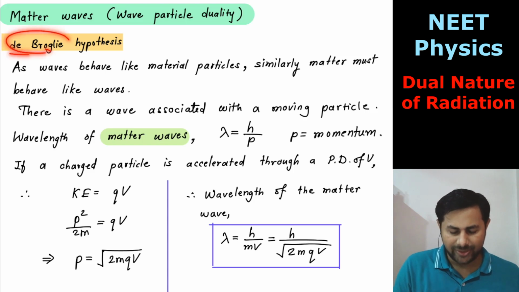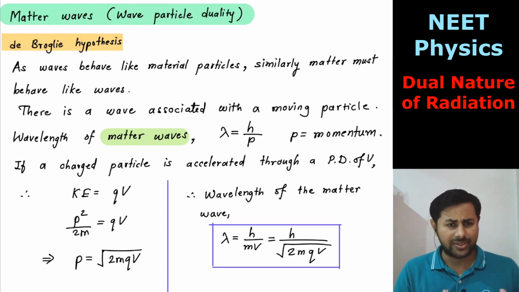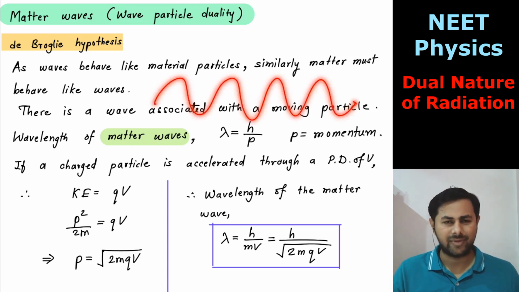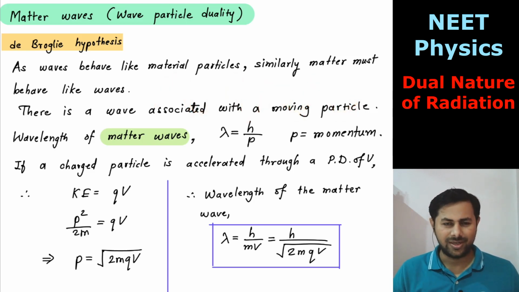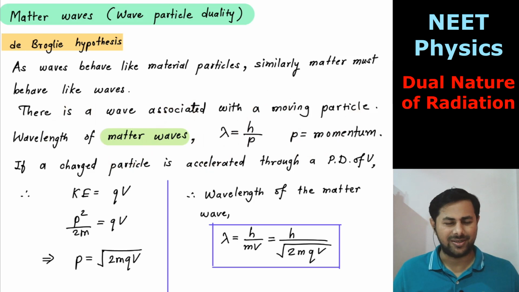De Broglie was a physicist and he gave us a hypothesis. According to de Broglie, nature is symmetric. If radiation, which was a well-established wave, can show particle nature, then there should be no bias. Particles should also be able to show wave nature. It was established by Michael Faraday and Maxwell that light is made up of electromagnetic waves.